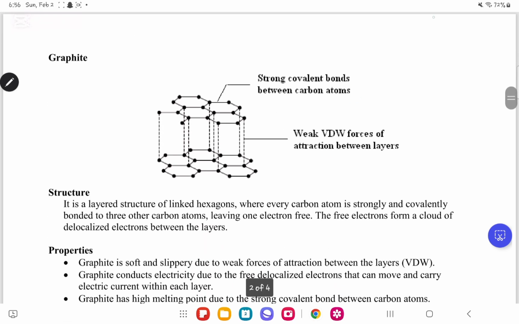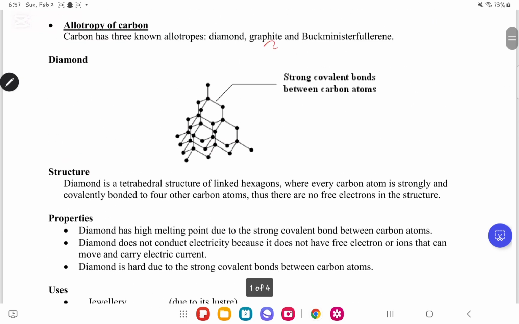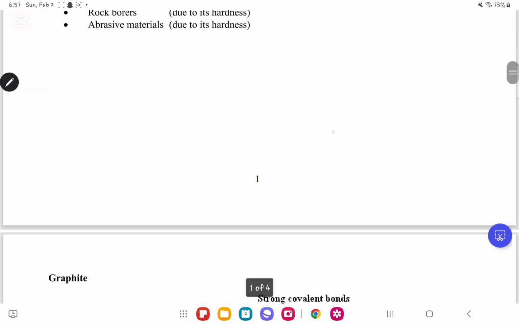Whereas in graphite, there are a bunch of hexagons where every carbon is strongly and covalently bonded to 3 other carbon atoms, leaving a free electron, and all of these free electrons form a cloud of delocalized electrons, and this causes its electrical conductivity. So if you were to draw it, graphite looks like this, and the diamond looks like this.